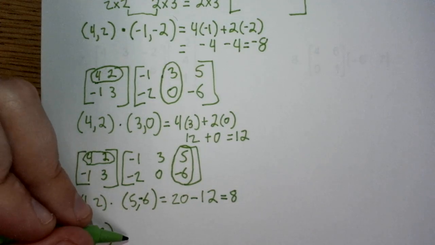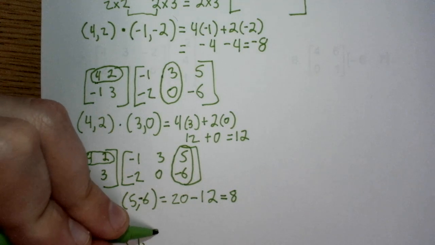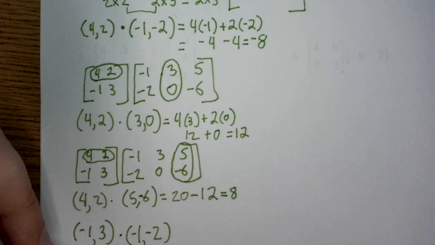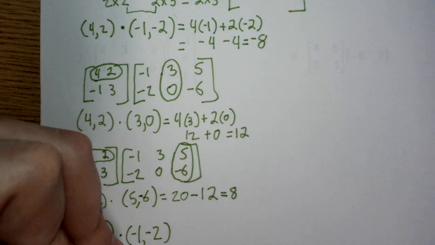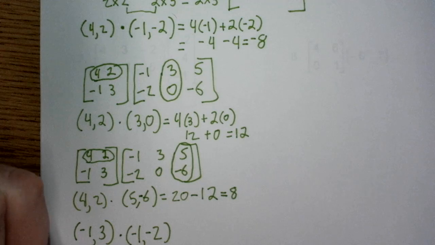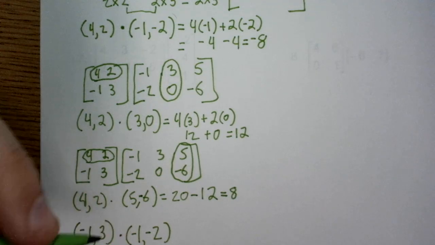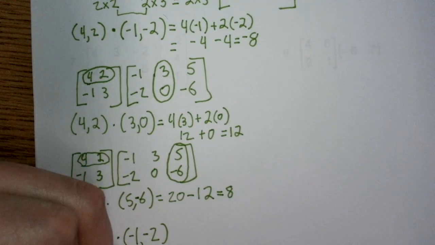That times my first column, then I'm going to do that same thing times the second column, and then times the last column, so 5, -6.